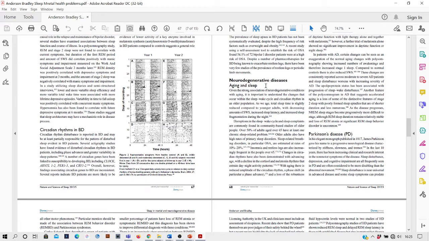The chances are that it'll be far more fragmented. So sleep at night will be far more fragmented and broken, and wakefulness during the day will involve a lot of napping, nodding off, that kind of thing. So as we get older, the distinction between wake and sleep is less pronounced.